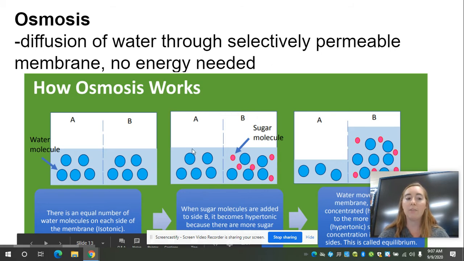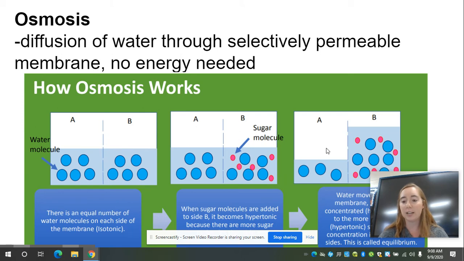But over here, we have water molecules on both sides, but we also have sugar molecules in a high concentration on this side. So we say that side B is hypertonic because there are more sugar molecules on this side. In this case, the water is going to want to move to try to even this out, and we're going to end up trying to get to equilibrium.